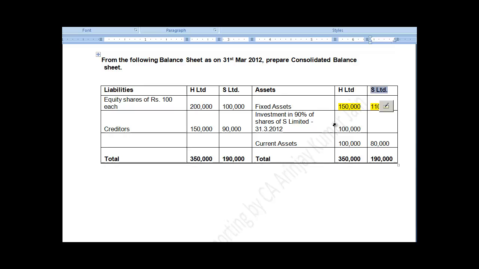Please note that if there are any outside investments, they need not be adjusted. Only the investment amount which represents the investment of H Limited into the shares of S Limited is removed from here, and the corresponding part of the share capital is removed from this side. Okay? So for the time being, I'm not going to write off this investment because this is going to be removed from my balance sheet.